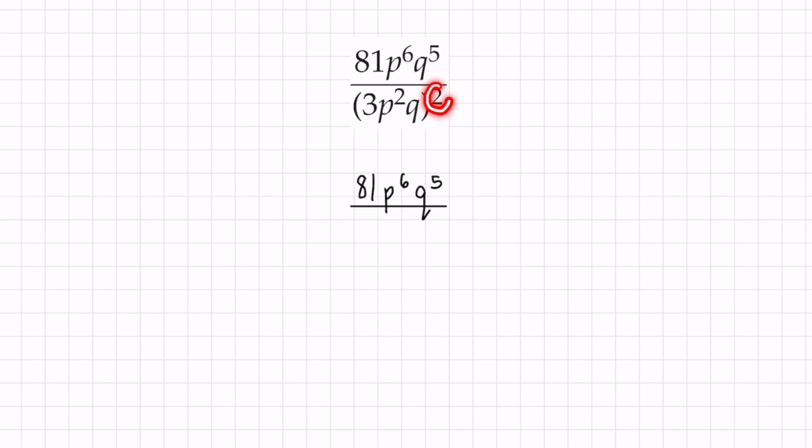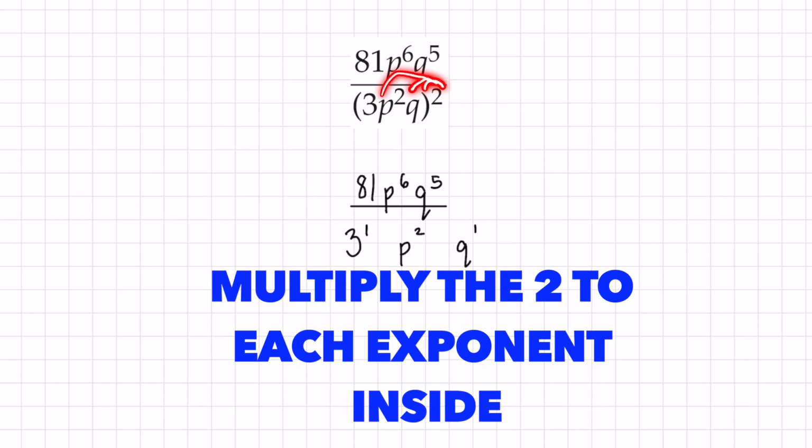If you've got an exponent on the outside of the parentheses, you're just going to multiply it to each exponent on the inside. And if things don't have exponents, like that 3, it has an exponent of 1. P has an exponent of 2, and Q has an exponent of 1, since there's nothing there. Then you're just going to multiply everything in here by 2, the exponent on the outside.